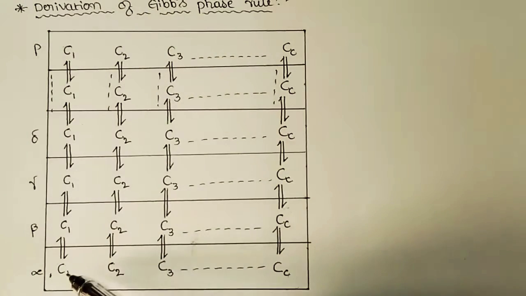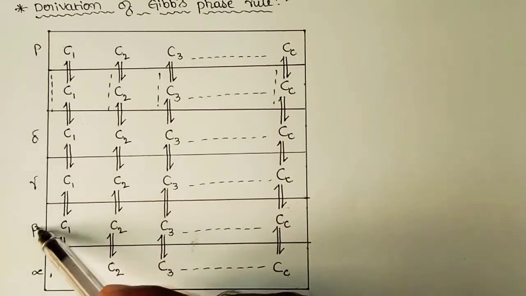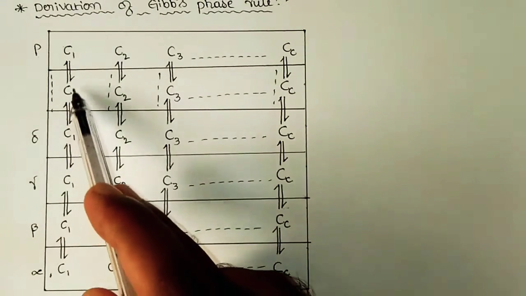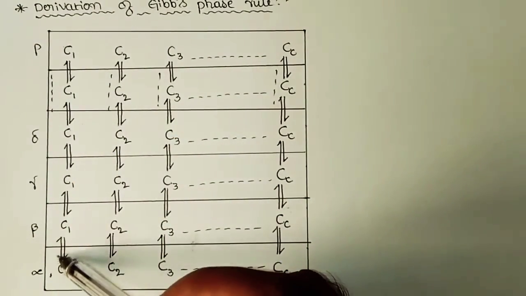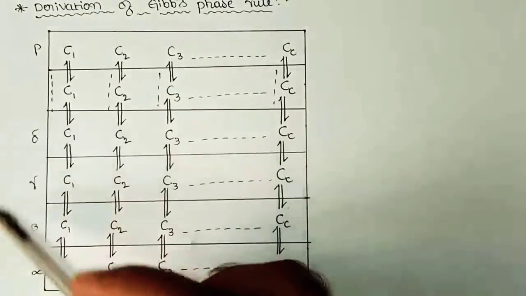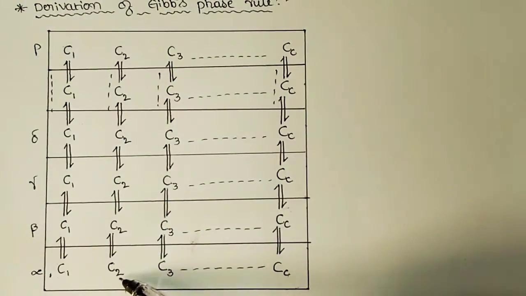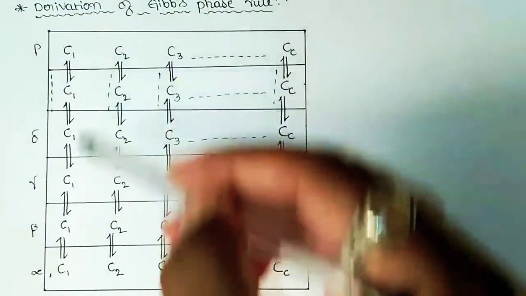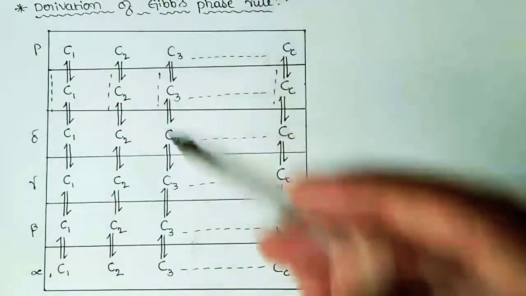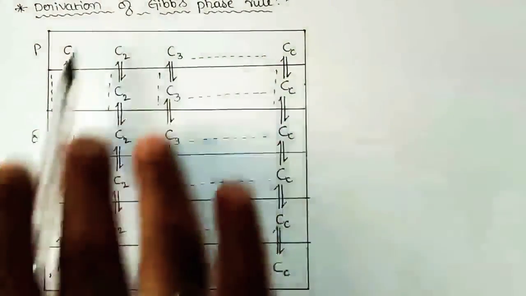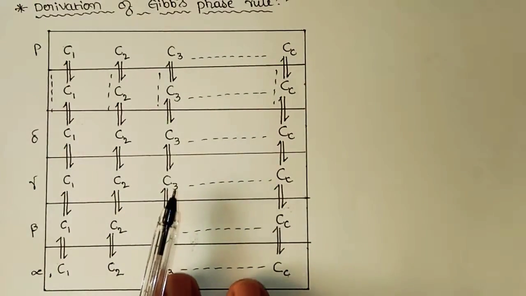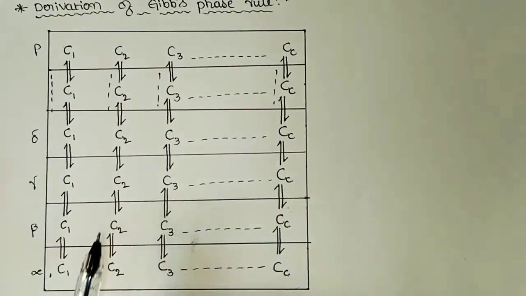You can notice that the first component, C1, is distributed in all the phases. Similarly, component 2 is distributed in all the phases, as well as component C3 and component C. All the components are distributed in all the phases.